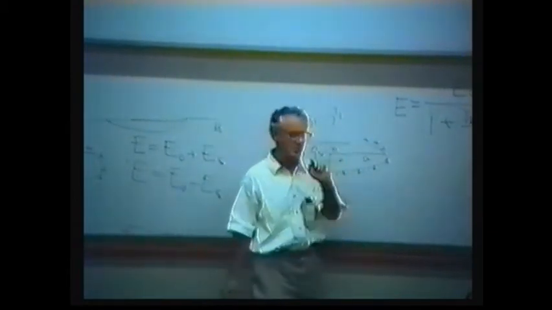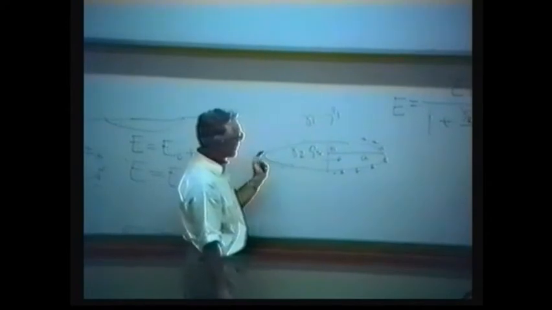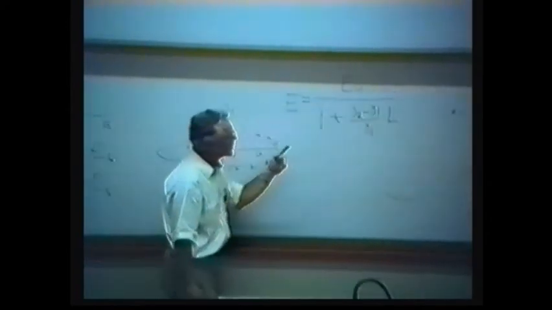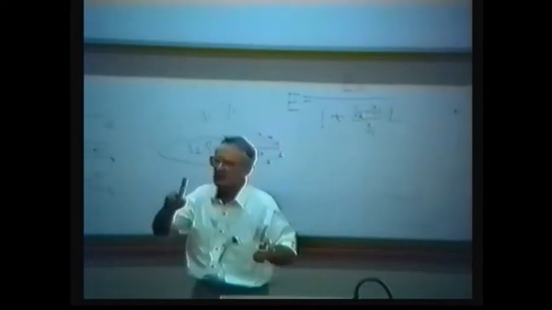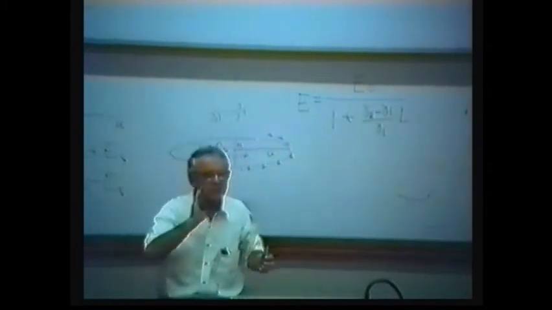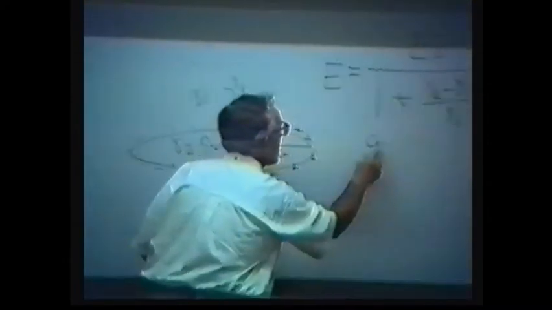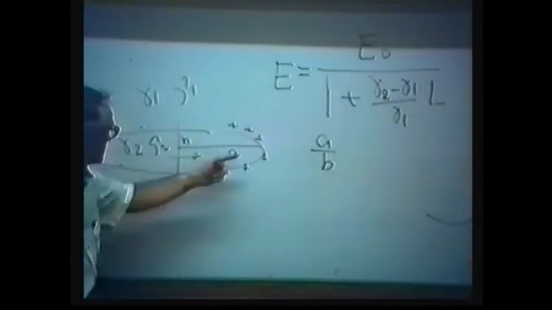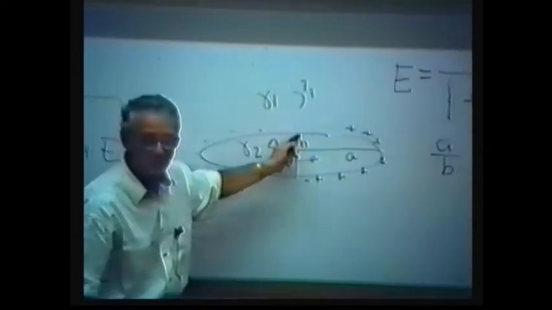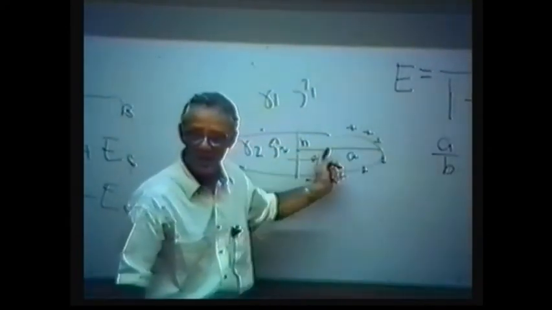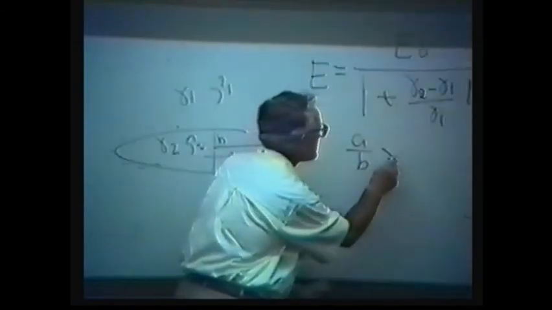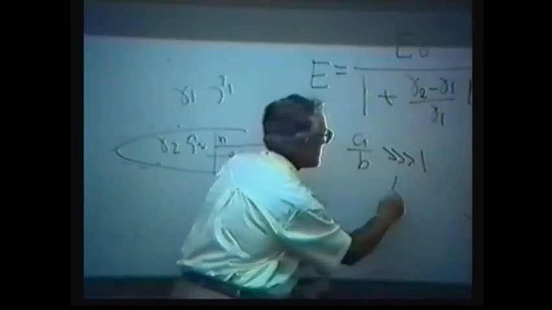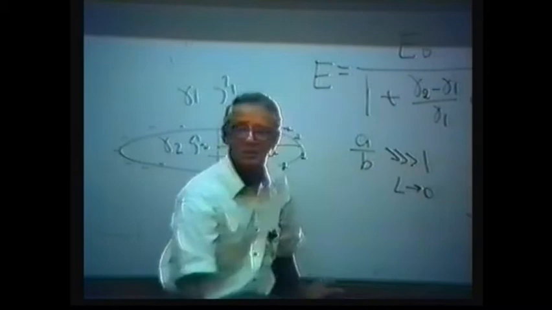So let's watch. First of all, this factor, L, has one interesting feature. When ratio A over B, ratio of semi-axes, clear? A and B becomes very, very large, this factor goes to 0.